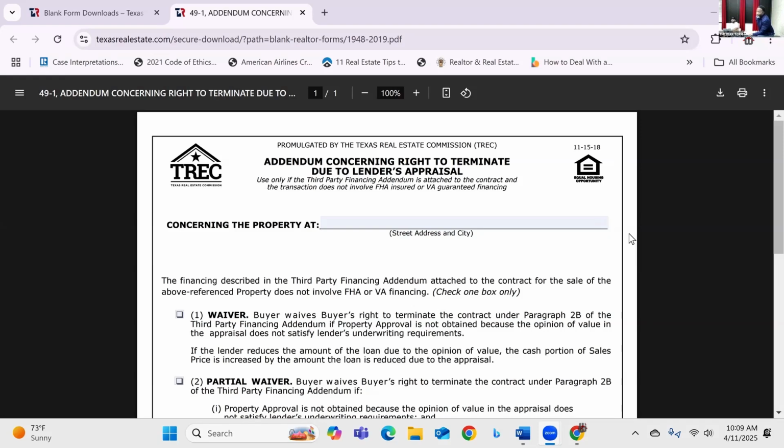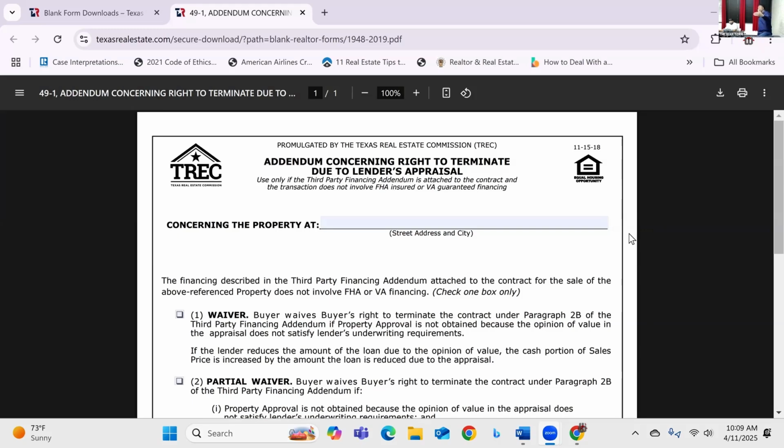Back in 2020, when everybody was trying to do whatever they could to get a property, it was a popular form because it showed the sellers that they were willing to waive the appraisal, regardless of what the appraisal came in at. The buyer was saying, I'm still going to purchase this property regardless, and that's what it's used for. There are different variations, and we're going to talk about them.